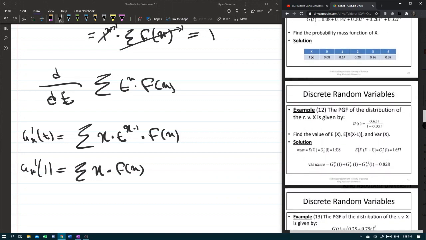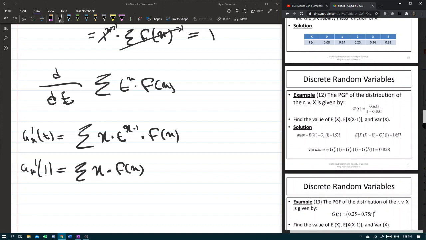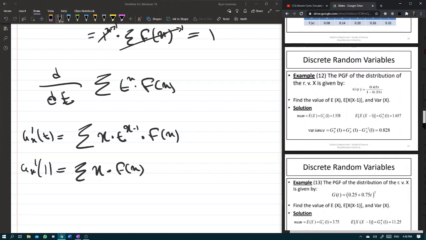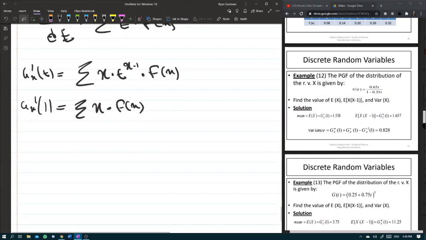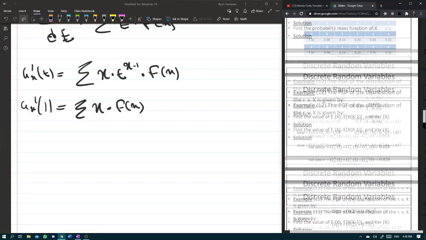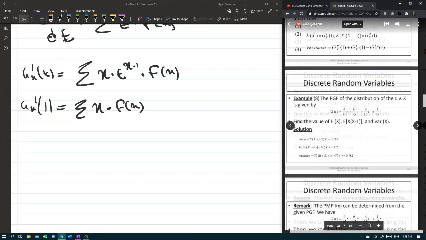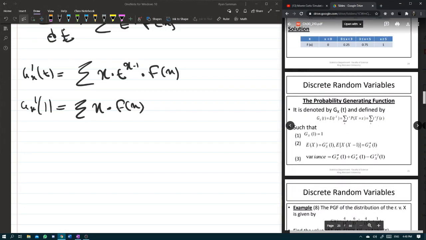So now let's try getting the variance. Let's reverse engineer this formula.